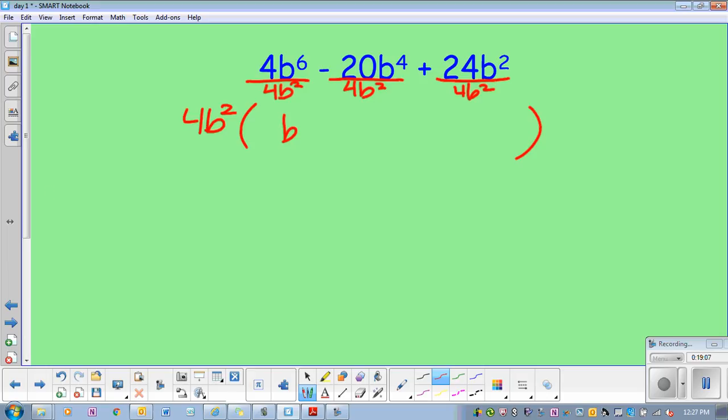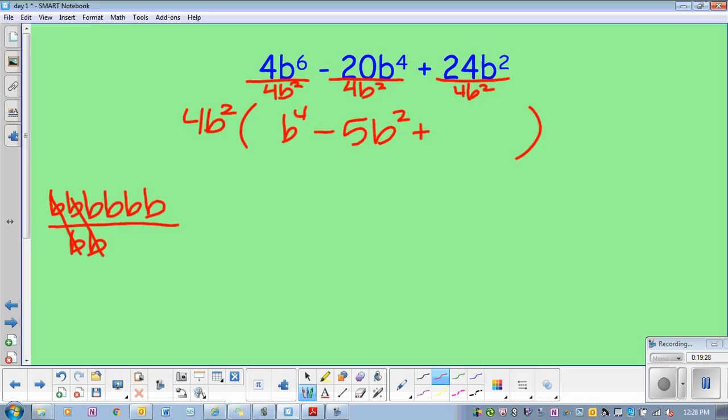You subtract. Or, guys, this is what it is, essentially, right? If we were to break this down, you have 6 b's on top, 2 on the bottom. Look, you have 4. Right? Minus 5b squared plus what? 6. 6, sorry. Right? Okay.